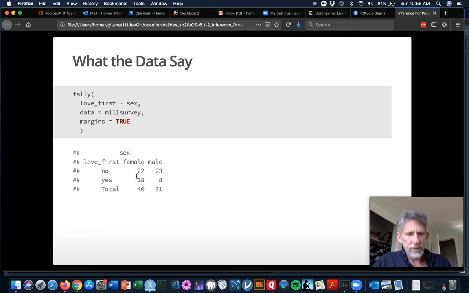Of the 40 females, nearly half of them believe in love at first sight, but of the 31 males in the survey, a mere 8 believed in love at first sight. This seems like a big difference between the two sexes.